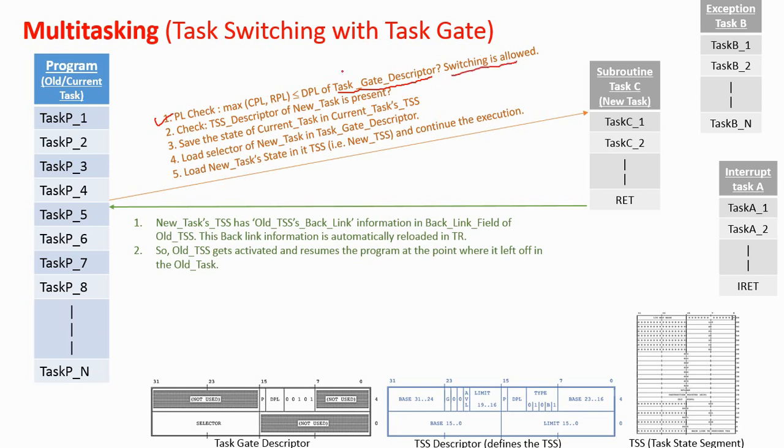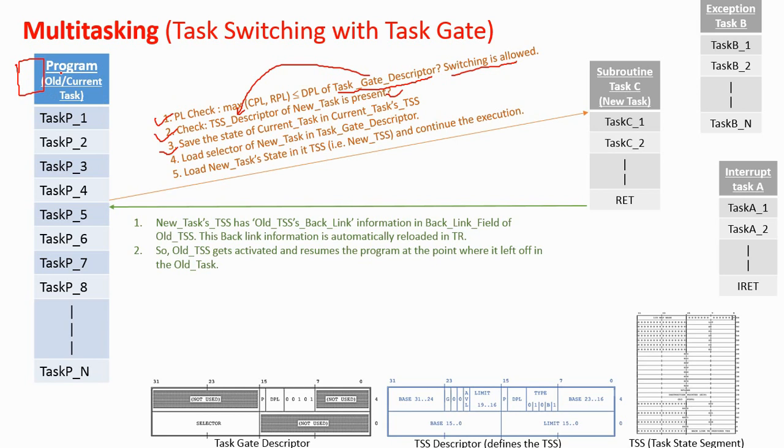After the successful check, the second stage is to check whether the TSS descriptor of the new task is present or not. The task gate basically locates the TSS descriptor from the LDT or IDT, and this TSS descriptor will be checked for whether it is present or not. If it is present and the task is not busy, then save the state of the current task in the current task TSS.